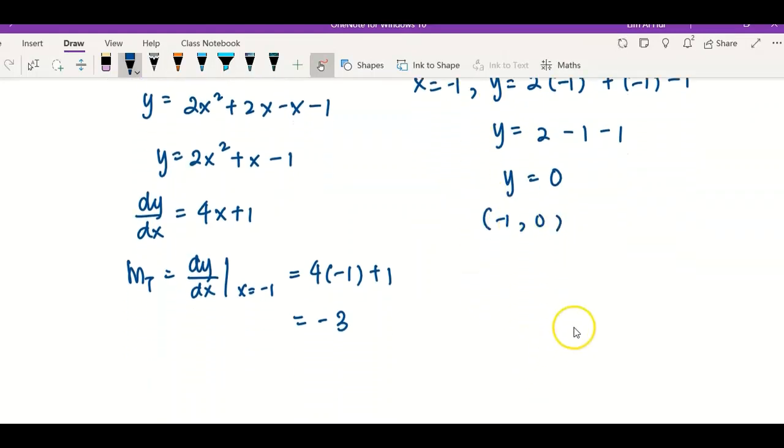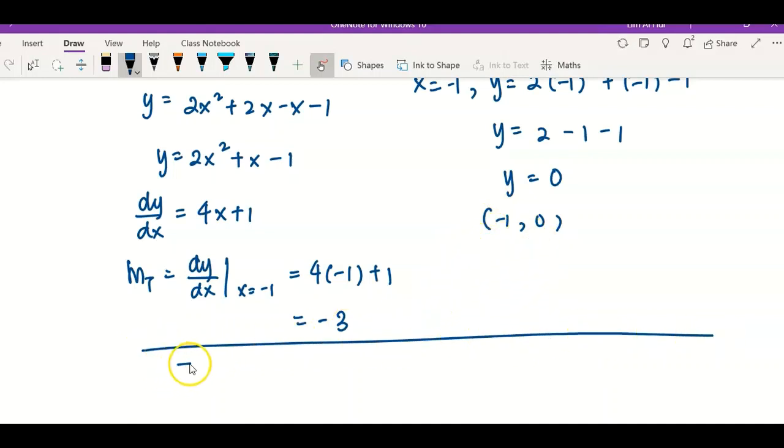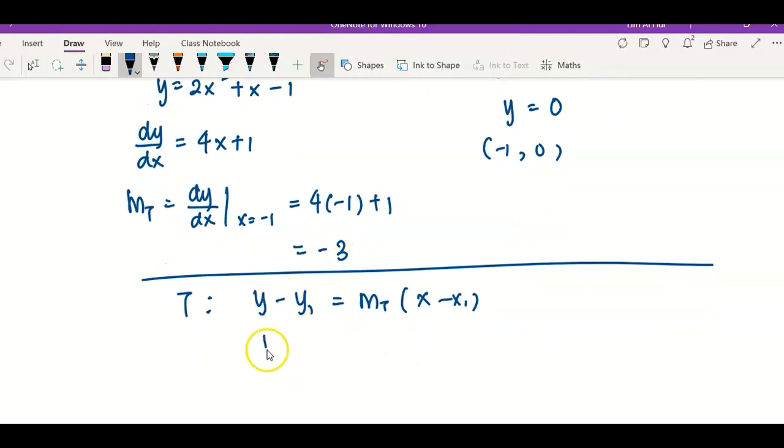If you want to get the equation of the tangent, we have to substitute into the straight line formula, which is y minus y1 equals mT times x minus x1. So y stays as y, this is your x1, this is your y1.